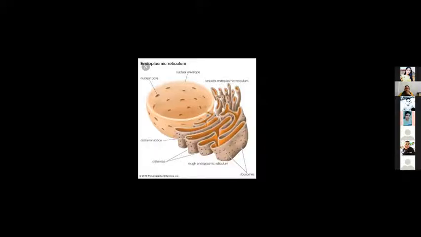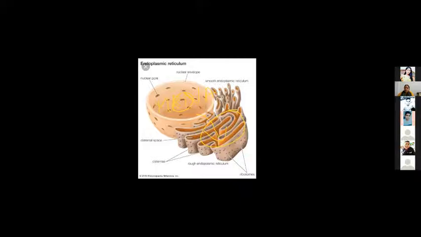So this was all about the endoplasmic reticulum. And one more thing, the nucleus has the mRNA, messenger RNA, which goes through the endoplasmic reticulum and gives the messages to do all the work.